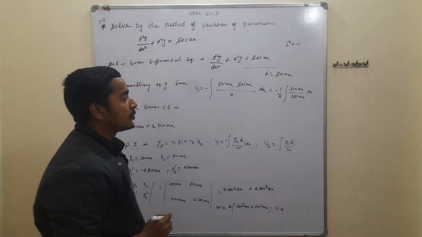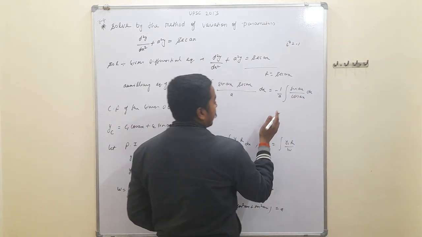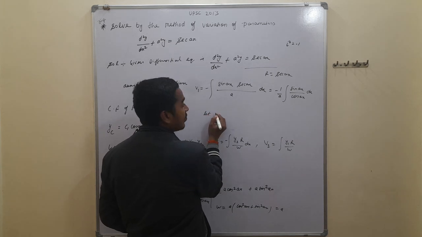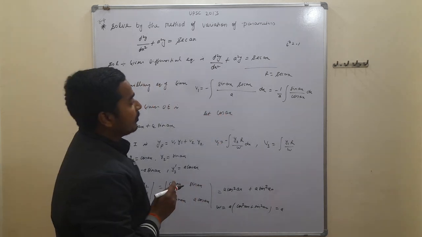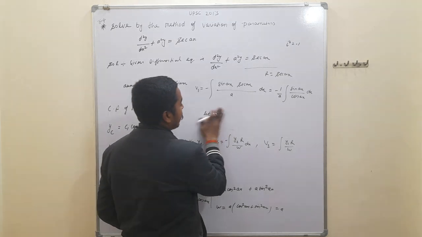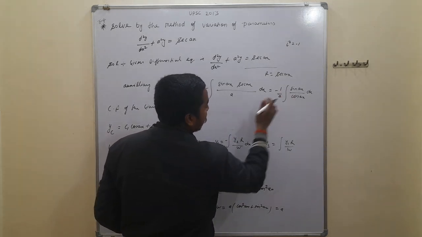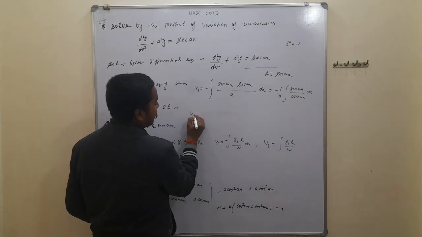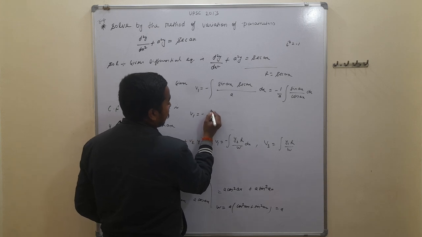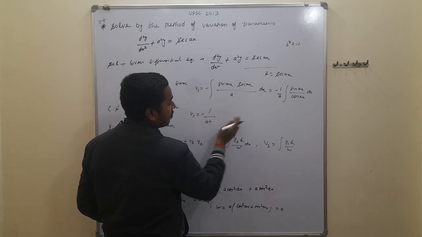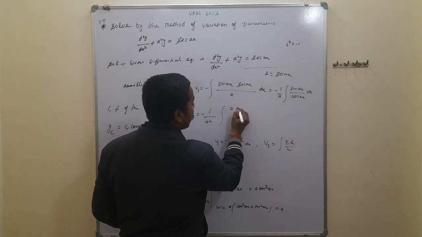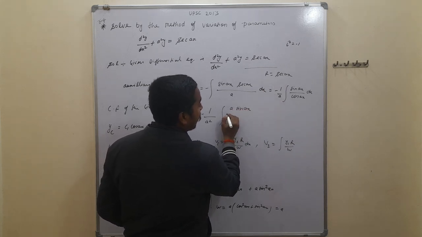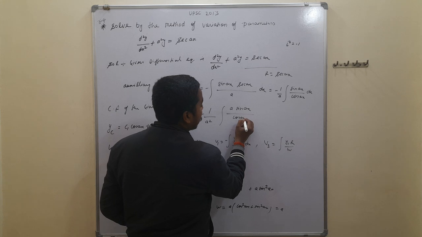When we have to solve the given integral, once again we have to multiply numerator and denominator with a. This is v1 is equal to minus of 1 upon a square, and in numerator this gives a sin ax upon cos ax.